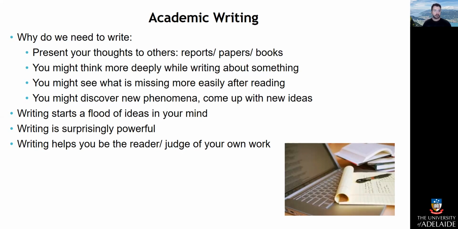So in academic writing, you most of the time think more deeply, you see some of the details that you hadn't seen when you were thinking about them before the writing, or you might even discover new phenomena. You might come up with new ideas when you write. So it's not just for communicating with others, it also helps you. So it's good to know how to write properly, how to have a working system or process in place for academic writing.